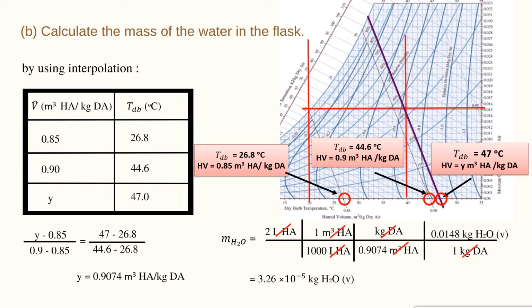In order to find the mass of H2O, we use the value of 2 liters of humid air given in the question and convert liters to meter cube, divide by Y, and multiply by the moisture value, which is 0.0148 kilogram H2O per kilogram dry air. We get a mass of 3.26 times 10 to the power of negative 5 kilogram H2O.